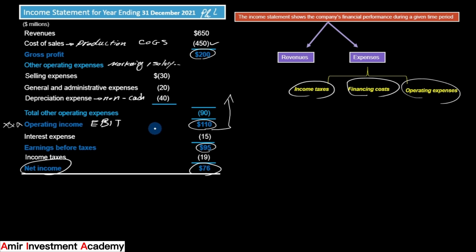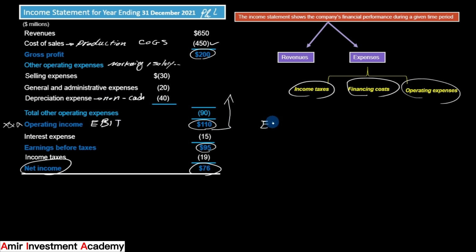And still, if you want to have a better number than this one, the EBIT, which is the operating income, I took my time here to explain this is a non-cash expense. Because this is not actually going out of the company's pocket, right? So let's add this one to our operating income.